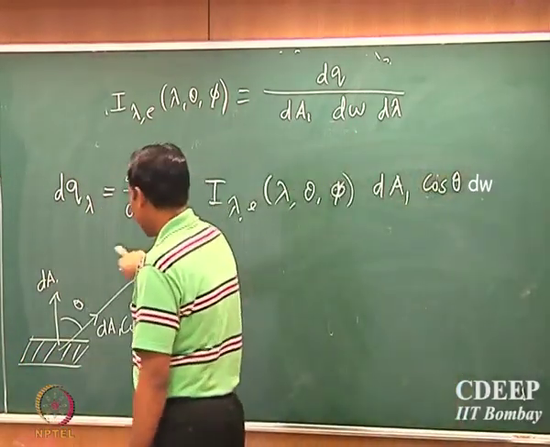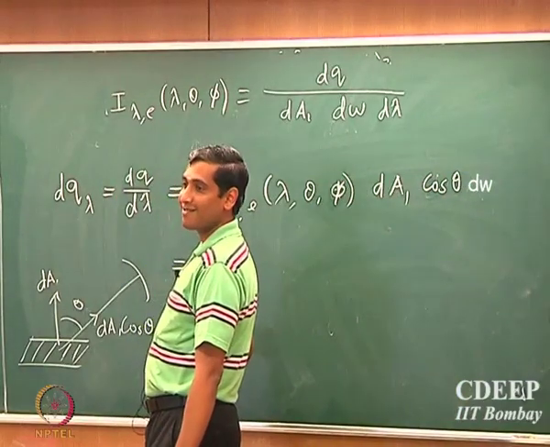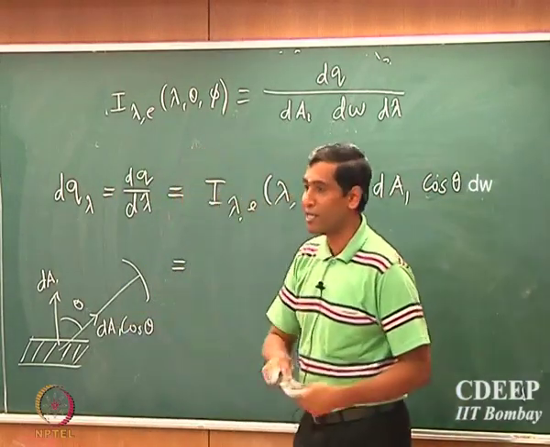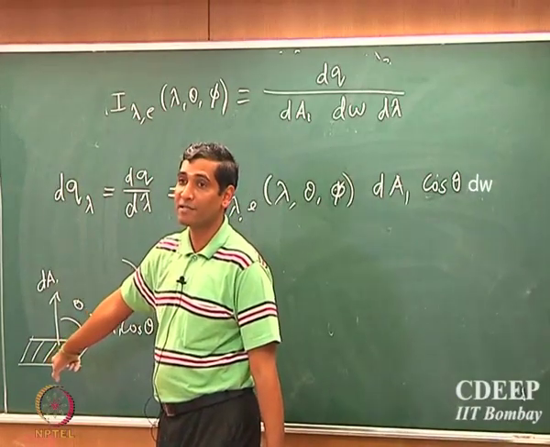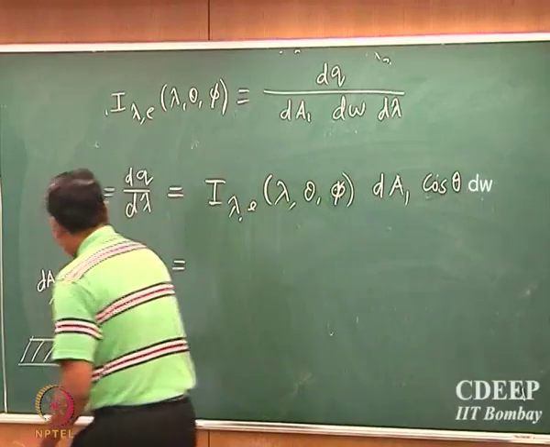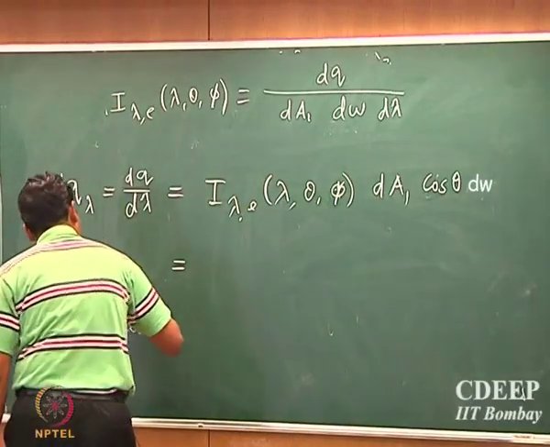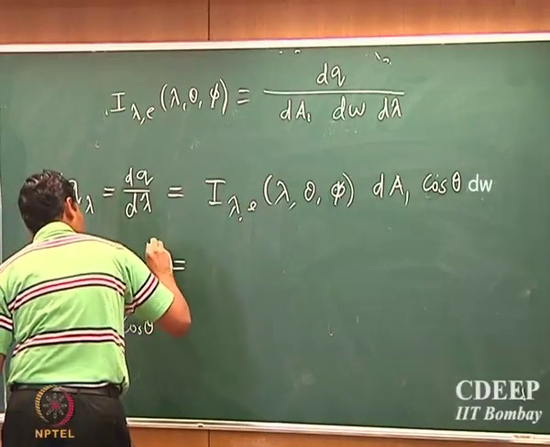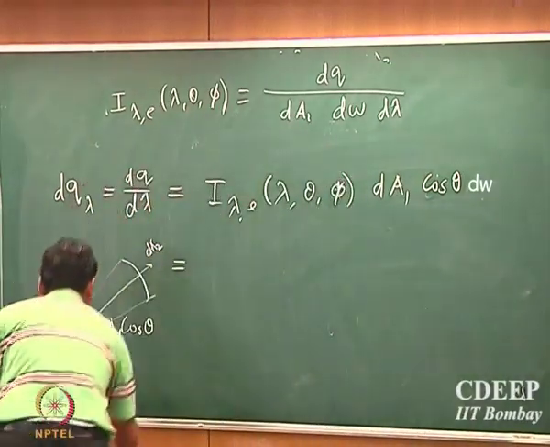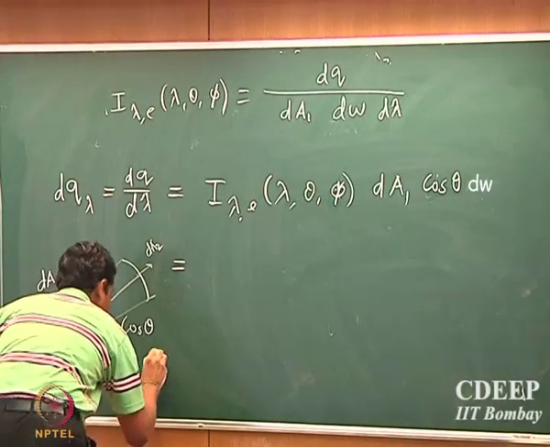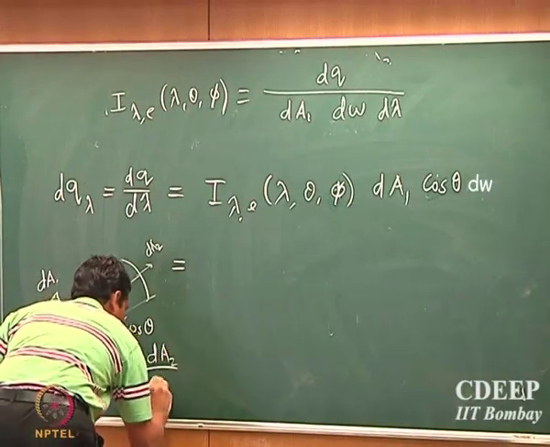Note that the solid angle depends upon the area of the receiver, not the one that is emitting. If dA2 is the area of the receiving surface, then d omega is defined by dA2 by r squared.